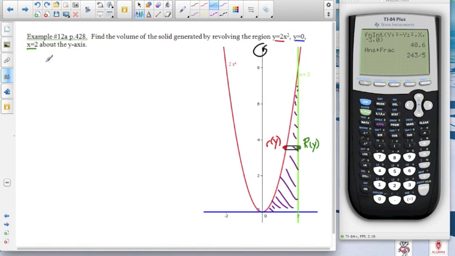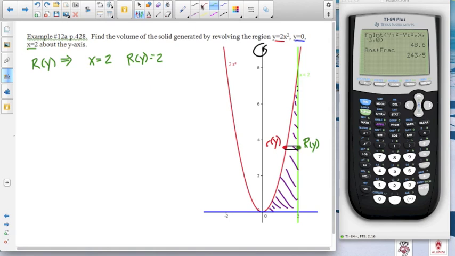So that being the case, our capital R of y is going to be the function x equals 2. Or what that really means is just that our R of y equals 2.